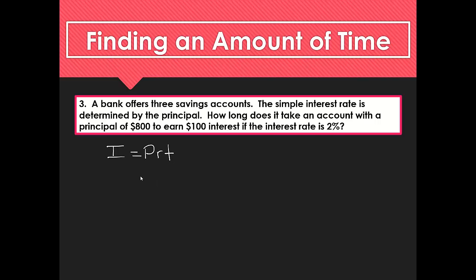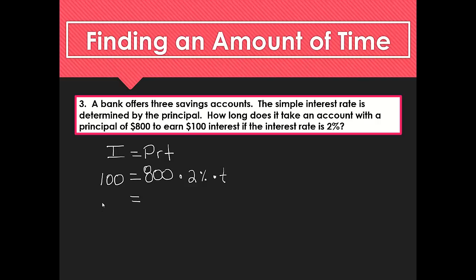So in our problem, we see that the principal is $800. So that's our P. We're going to earn $100 interest, so that's our I. And then our rate is 2%. And we do not know T.